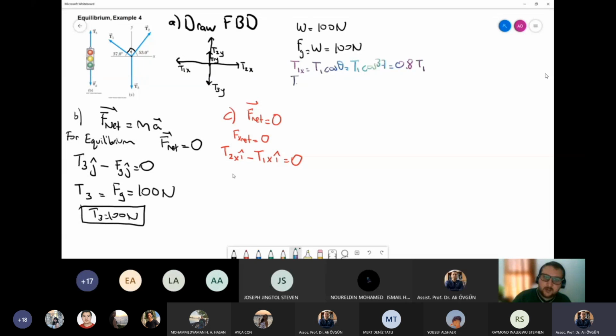And what is T2x? T2 times cosine 53, and cosine 53 is 0.6, so 0.6 T2. Okay, after you found these components, you can put them here. T2x is 0.6 T2 i hat minus 0.8 T1 i hat equals 0.